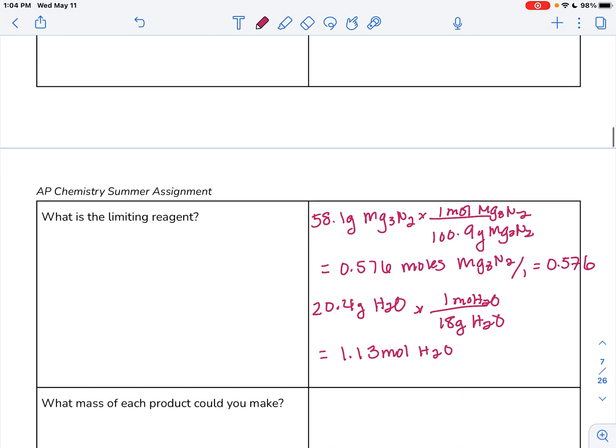So I will divide this number by 6. And that gives us this. Now, all we have to do here is compare these two numbers. The lower of the two numbers is going to be our limiting reagent. So obviously our limiting reagent, 0.189, that came from water.